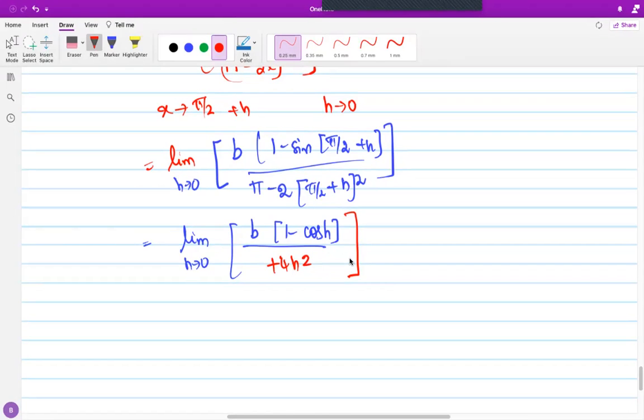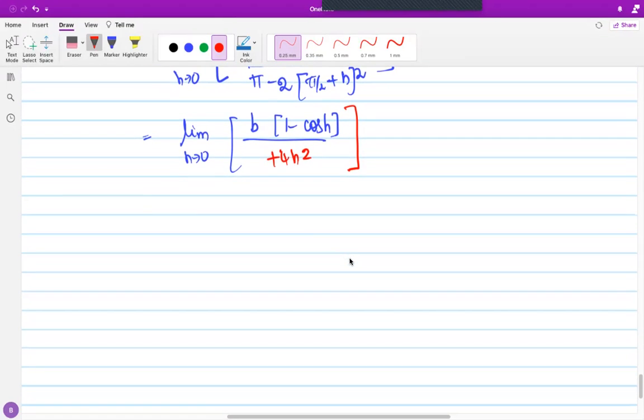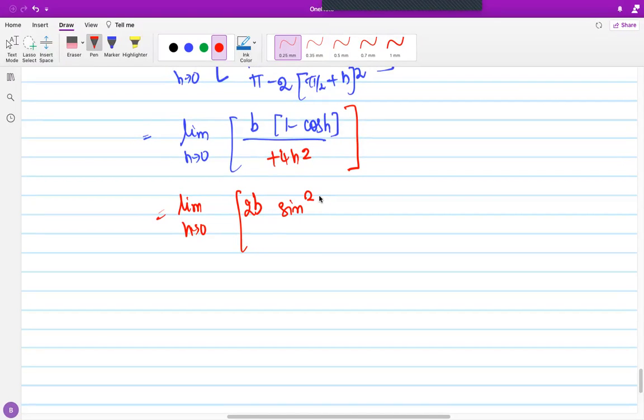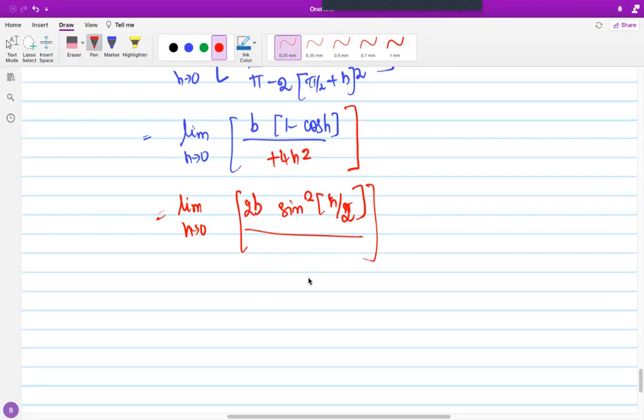Next, what I can do is 2 into limit h tends to 0 of b into (1 minus cos h), which will be 2 into sine square h by 2, the whole divided by 4h square.